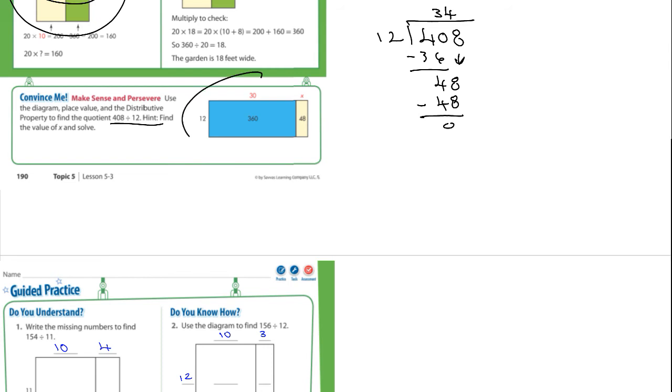Now, take a look at this rectangular chart, all right? Model, probably be the best word. And I just want you guys to recognize some things here. So the 12 is right here.